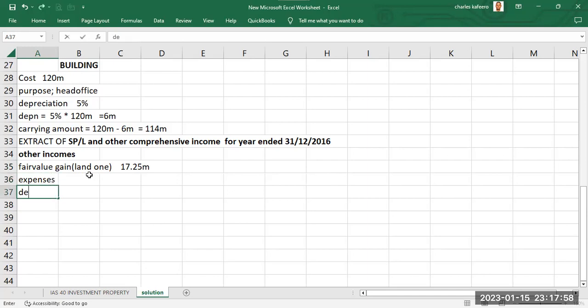These expenses will have depreciation, which we have just computed, 6 million.